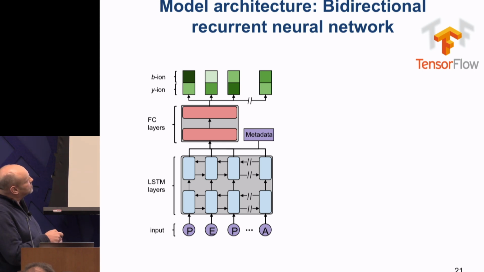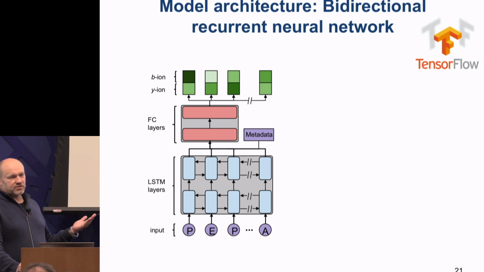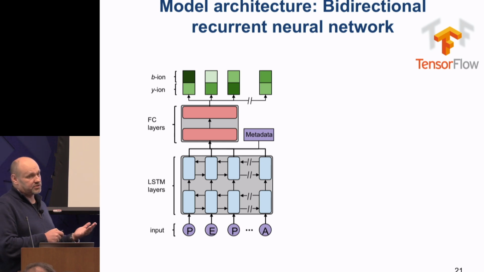And here you can also feed in metadata. You can tell the machine that I was using HCD to fragment this peptide, or that it was this and that charge state, or the fragmentation energy that was applied.